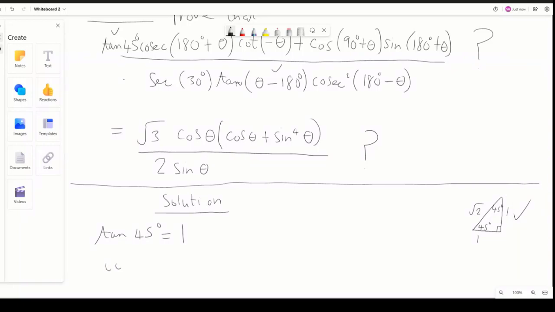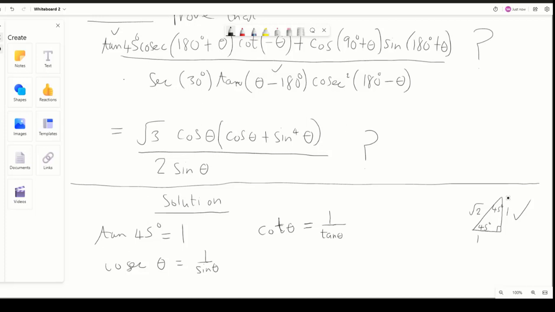Because cosec theta is 1 over sine theta, and sine theta is 1 over cosec theta. And cot theta is 1 over tan theta. They are reciprocals, the reciprocal functions, but not inverse in the sense that we talk of later on.